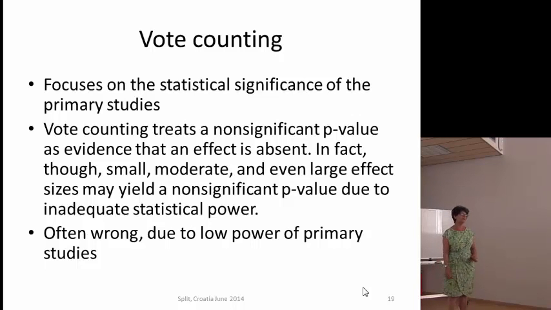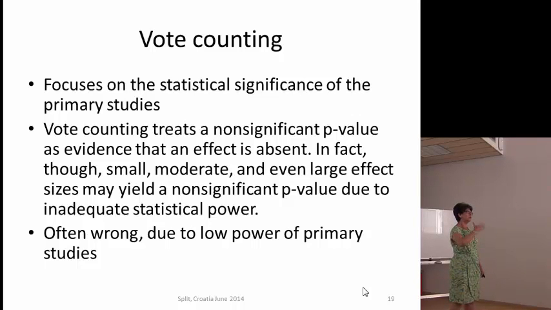So what you should be concluding when you have a non-significant p-value is that the evidence is inconclusive, or that we don't have enough evidence to say whether the effect was due to chance or whether it is a real effect. That is all you can say. It doesn't mean that the effect wasn't there. It just meant that you couldn't nail it.